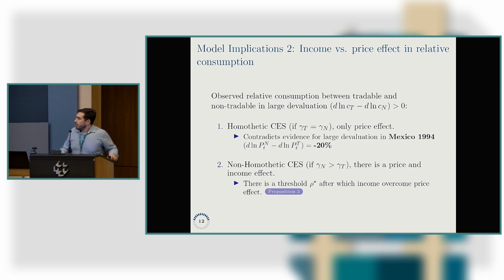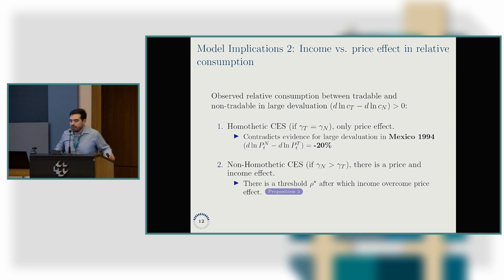Thank you. The second model implication is the income and price effect, how they determine the relative price of consumption. Basically, in this case, consumption of tradable and non-tradable decline. But the consumption of non-tradable, as I will show you in a second, declines by more. So basically, this difference is positive.